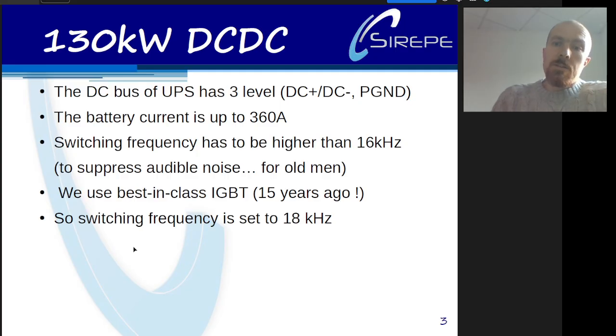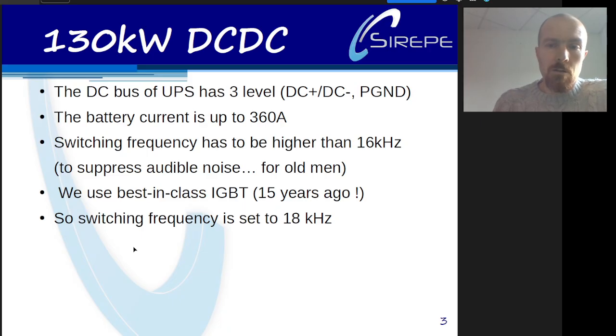What are the constraints of the architecture? We have 3 potential DC bus. All the potentials are regulated by the PFC. The battery current is up to 360 amps on discharge, and the switching frequency has to be higher than 16 kilohertz to suppress audible noise for old men.